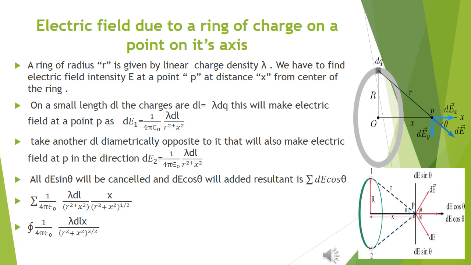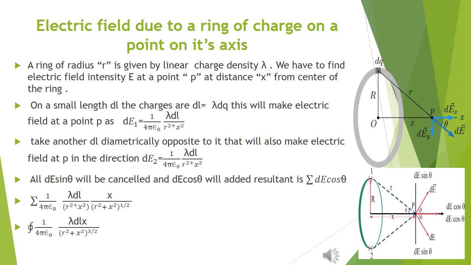So what is the value of dE cos theta? The value is summation 1 upon 4 pi epsilon naught lambda dl upon r square plus x square, into x upon (r square plus x square) to the power 1 by 2. If we combine and calculate this, we are left with the electric field, summation 1 upon 4 pi epsilon naught lambda dl x upon (r square plus x square) to the power 3 by 2.